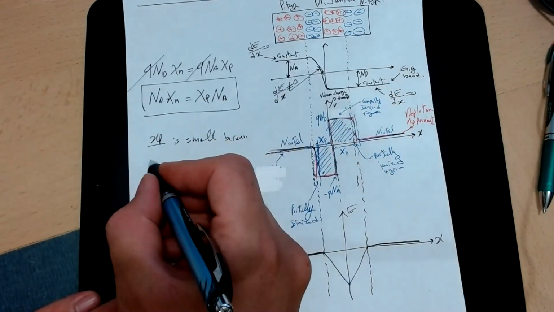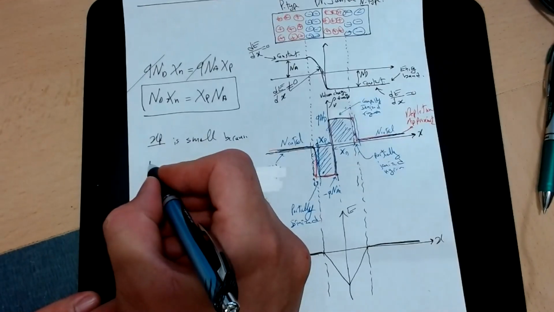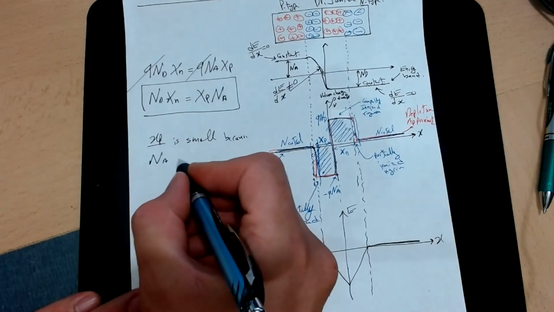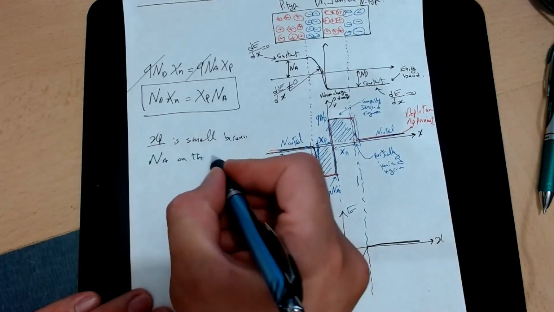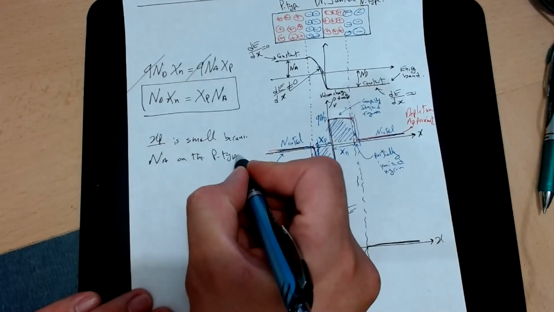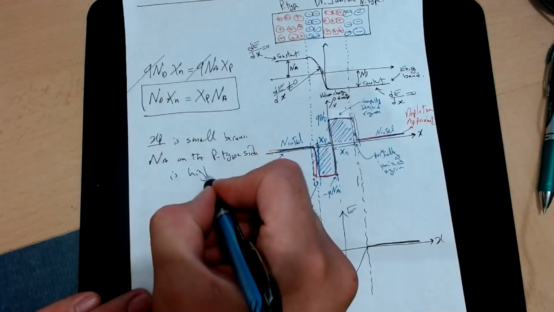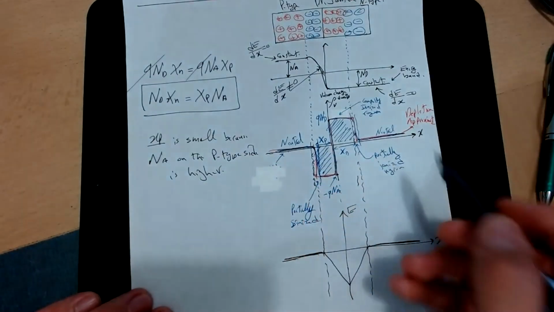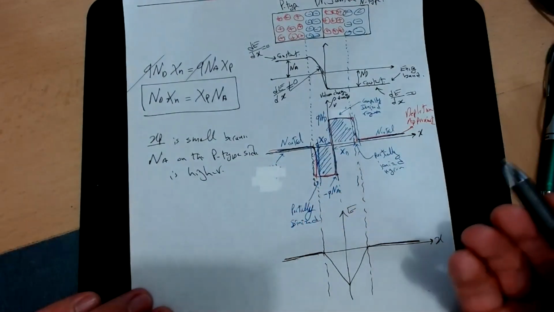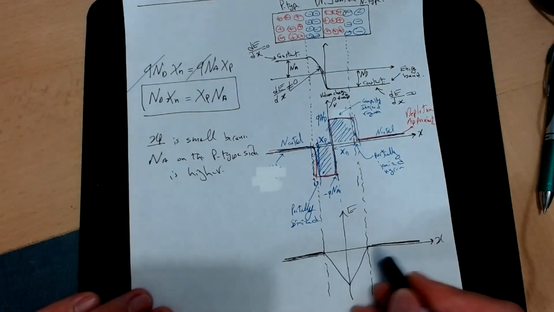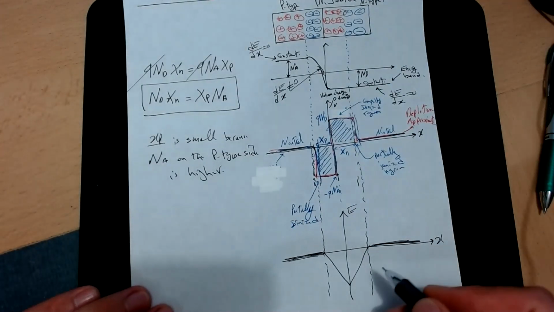So because Na on the p-type side is higher, we can say the same thing on this side. So this is almost close to 0. That's in terms of the electric field.